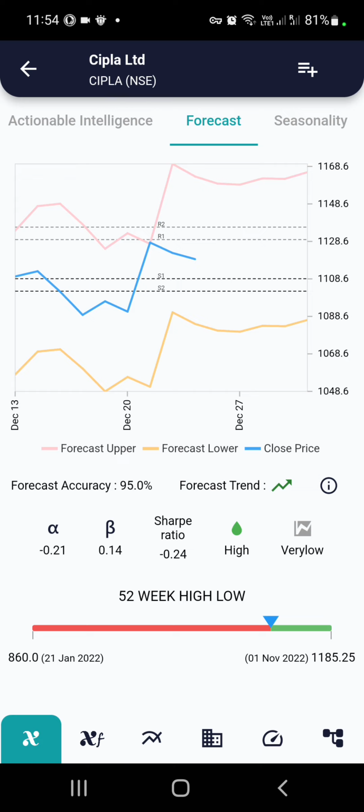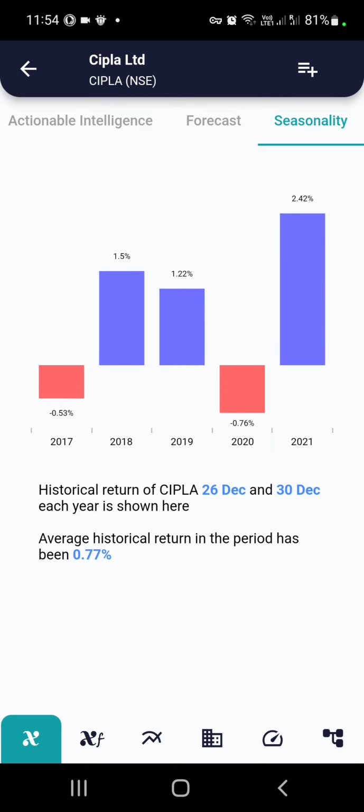You see the alpha, beta, Sharpe ratio, liquidity, and volatility. All these are calculated on a daily basis and reflected here. You can see the stock's historical seasonality out here.